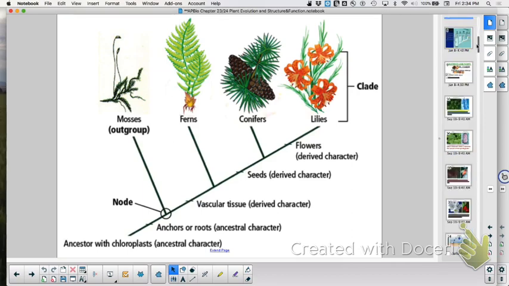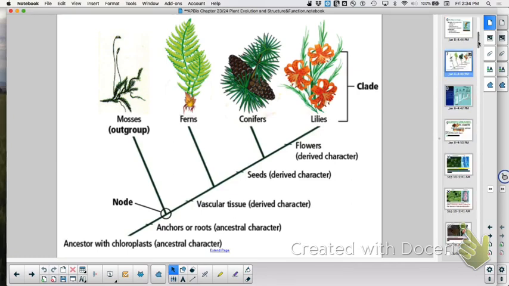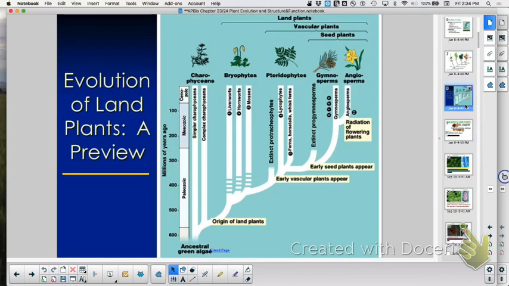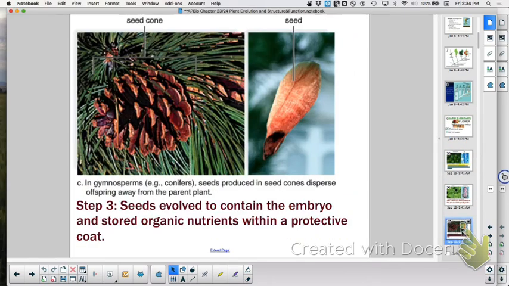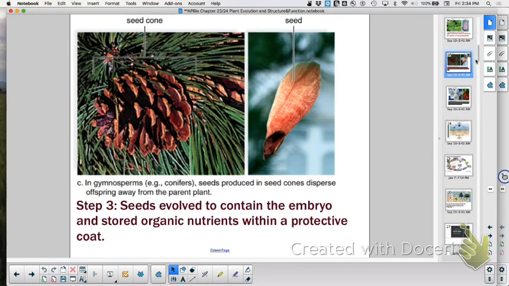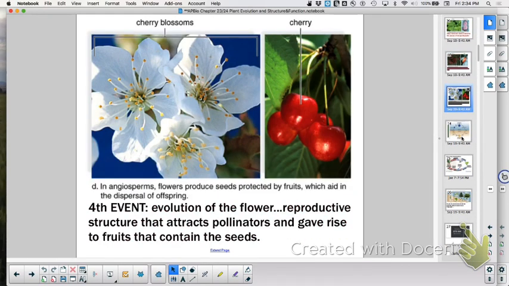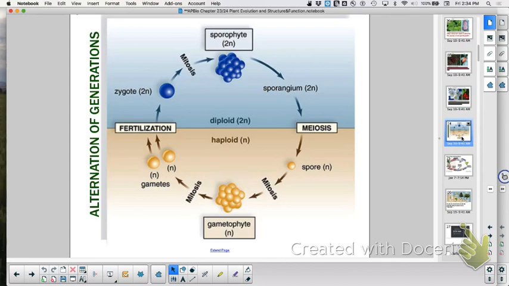And so we looked at a few other cladograms after that. Here's a good slide because it shows you that evolutionary change over time. We looked at our poster child plants that went through that, and then we reviewed alternation of generations.